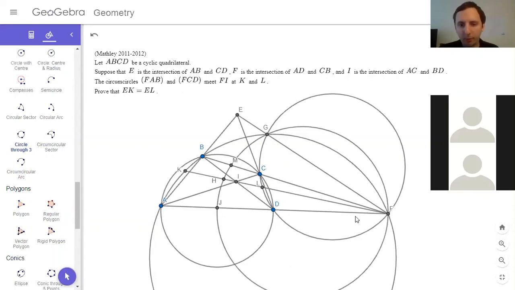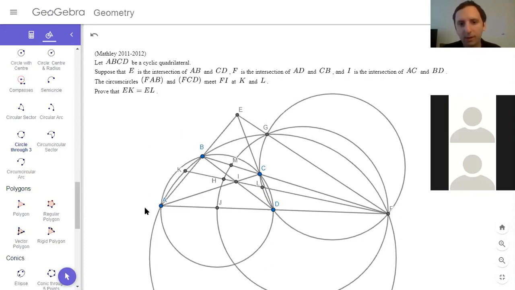Because basically the power ratio lemma says that, so we have the circles FCD and FAB. If we take the midpoints of the segments connecting the corresponding points, so F, D, and A are similar.